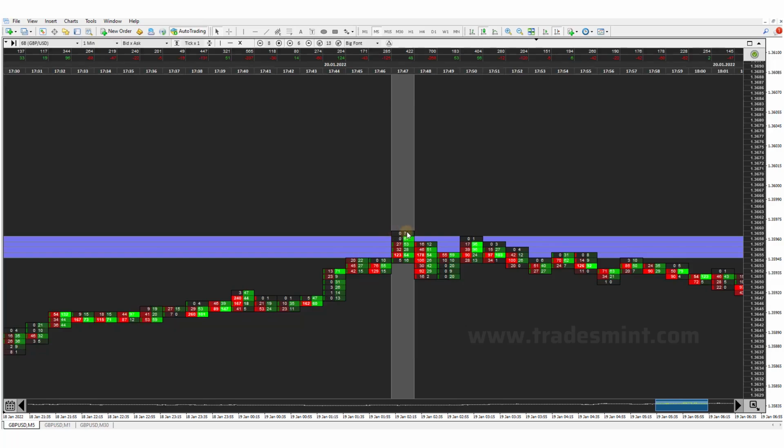A wonderful setup, because we see here the finished auction, no more interest, and then an enormous shift on delta from 48 to minus 268.